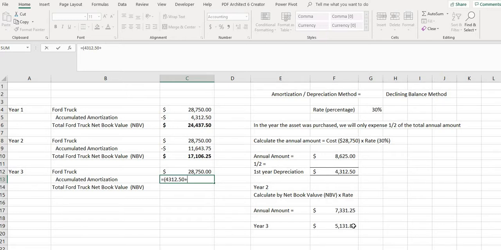So year 2, we posted $7,331.25. Excuse me, and in year 3, $5,131.88. And because we want a negative value to this equation, we'll put multiplied by -1.